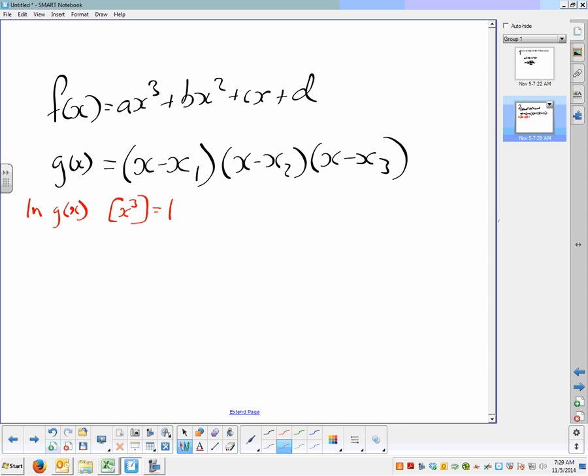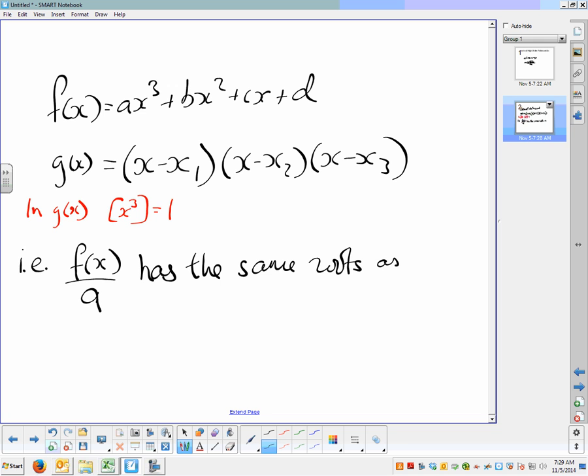But when we're talking about roots, it doesn't really matter what the coefficient of x cubed is, because we can just scale it and that won't change the roots. What I mean is that f of x divided by a has the same roots as just f of x. And all we're interested in, for the sake of today, is the roots.